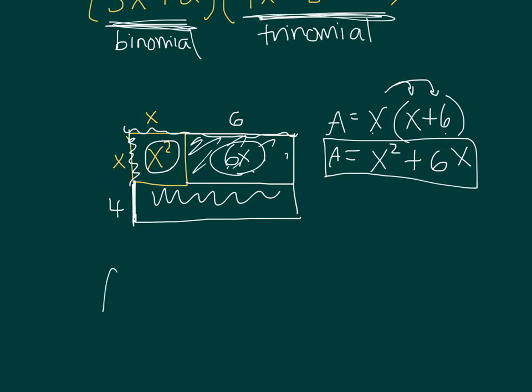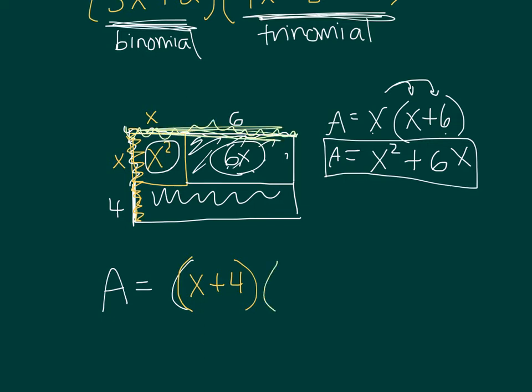It's going to be area equals my first side, which is this whole thing right here, x plus 4. And I need to multiply that with this long side right here, the width, which is x plus 6. Now I have an expression that's multiplying a binomial with a binomial.